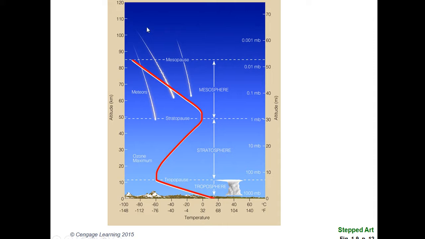When they're located up in outer space above the atmosphere, we call them meteoroids. When they fall into the atmosphere, we call them meteors. And then when they hit the ground, they are called meteorites. So interestingly enough, we get the word meteorology from the word meteor.